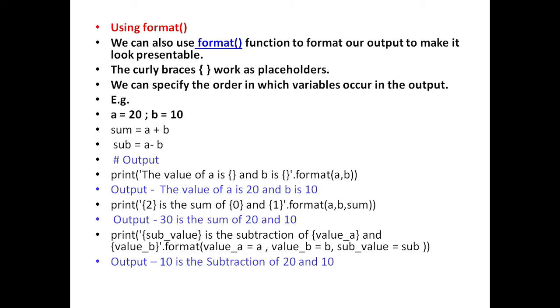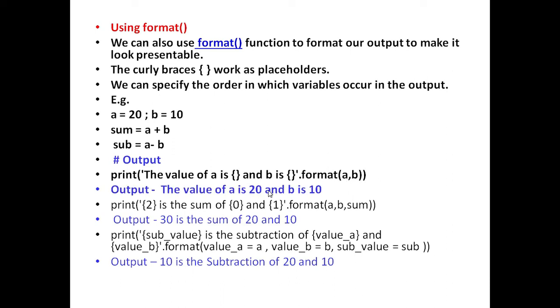For example, here we have defined the variables A and B, where the value 20 is assigned to A and 10 is assigned to B. In sum we have stored A plus B, and in sub we have stored A minus B. To print it, the first statement is: the value of A is, and value of B is, with only curly brackets specified. And in format we have given A, B. Then the output will be: value of A is 20 and B is 10.